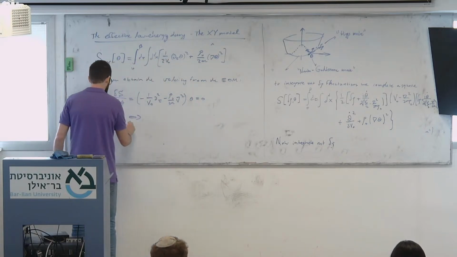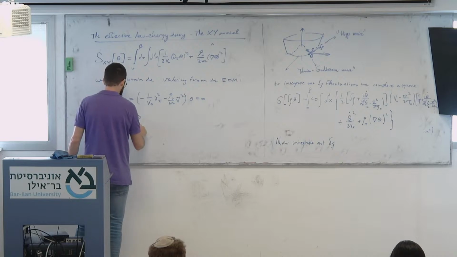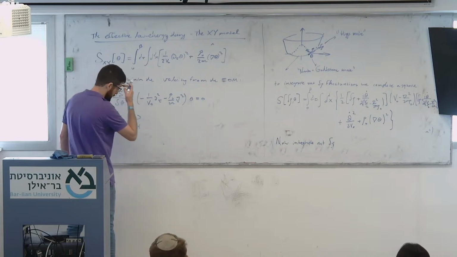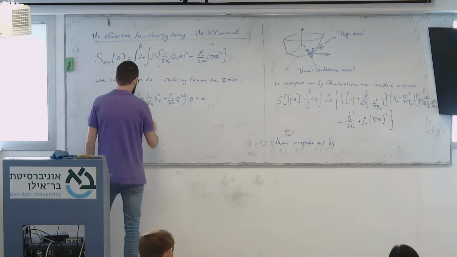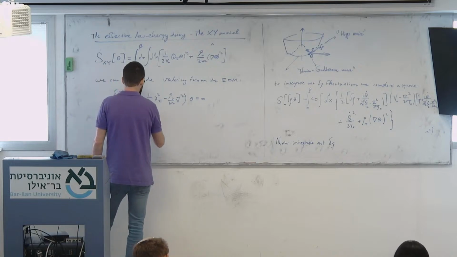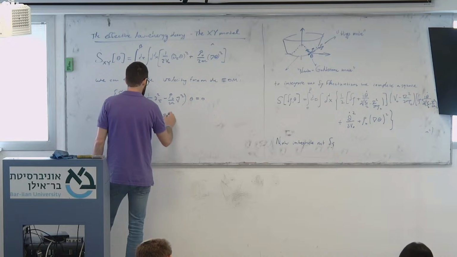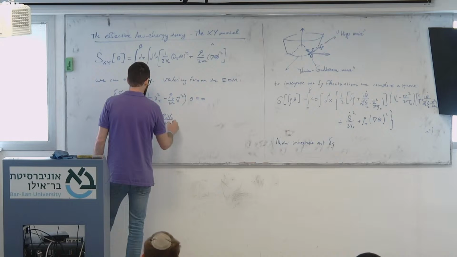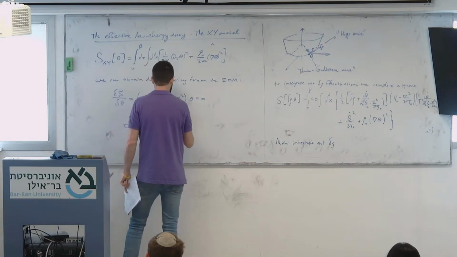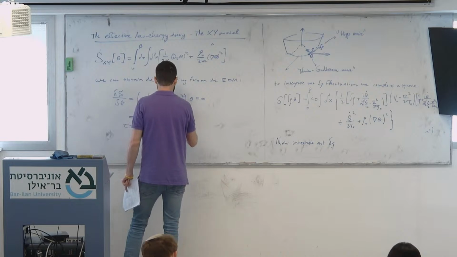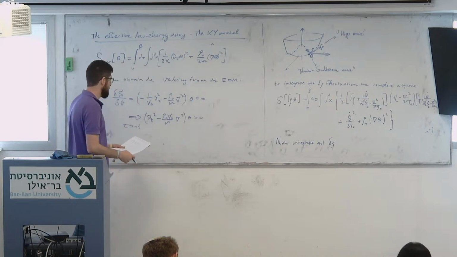If we take tau to minus IT, which is going back to real time, this becomes dt squared minus rho naught V naught over M. This whole thing times the Laplacian times theta is equal to 0.